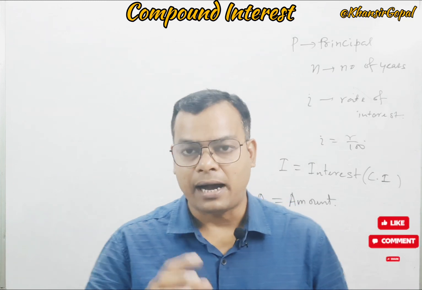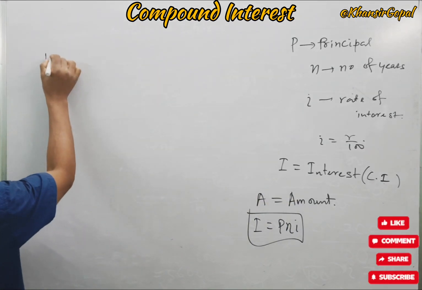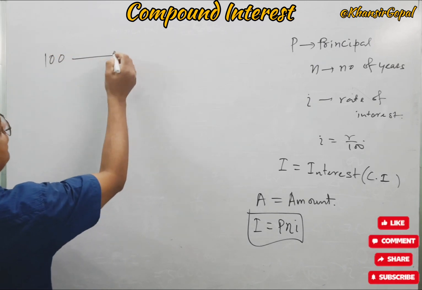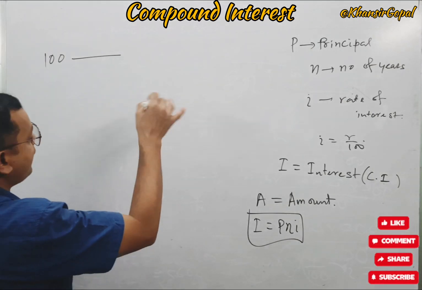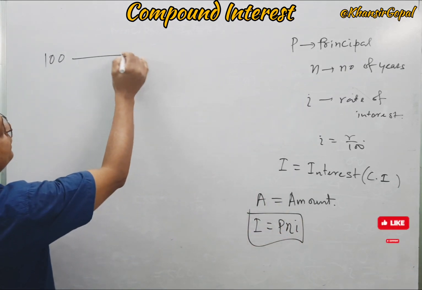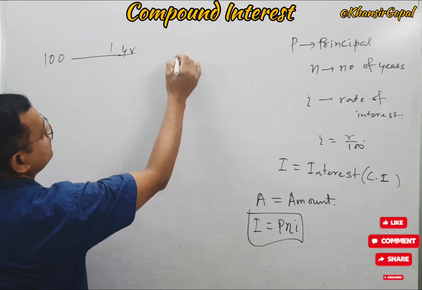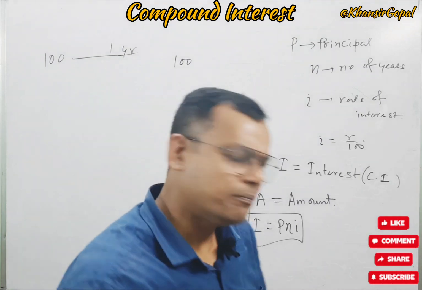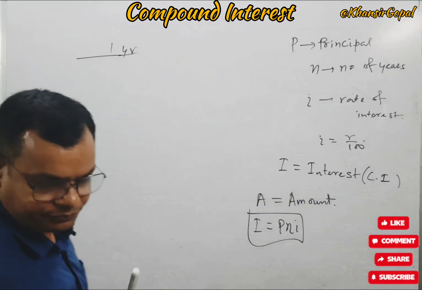So let me show you how it's coming. Suppose you kept 100 rupees in a bank, and the bank is giving I interest. Let me take P, not 100, I'll show it by 100 also later on.